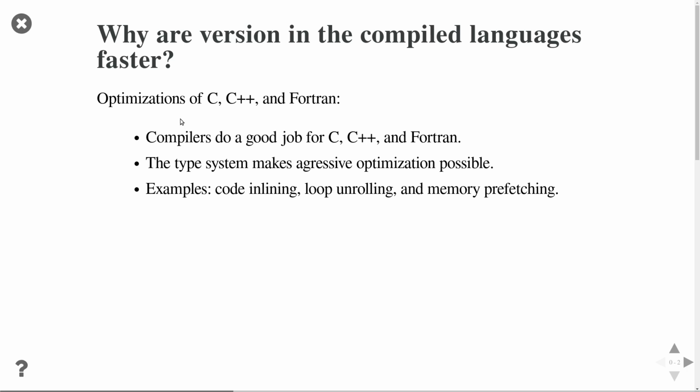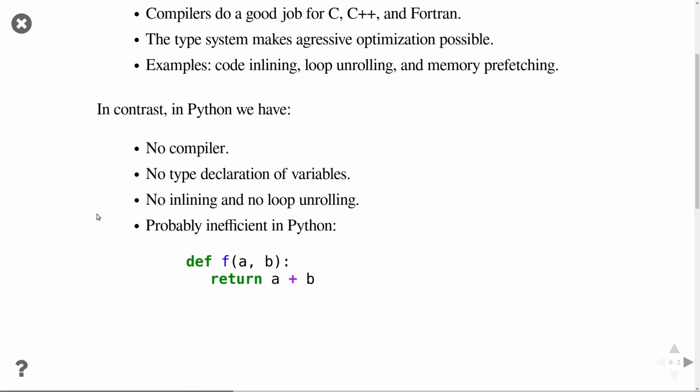It can do loop unrolling, so instead of actually running a loop, it just copies the code many, many times, and so on and so forth. So there are various optimizations that you can do in compiled languages that you can't do in dynamic languages like Python. In Python, we don't have a compiler, so we can't do that.